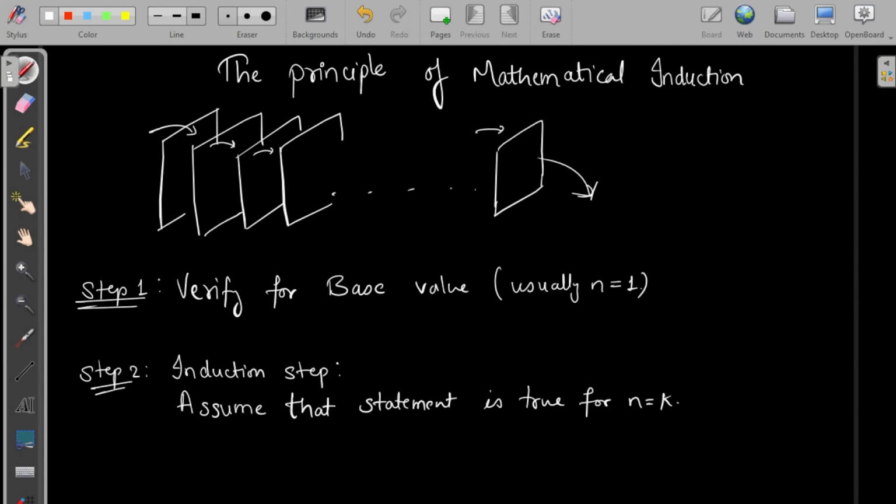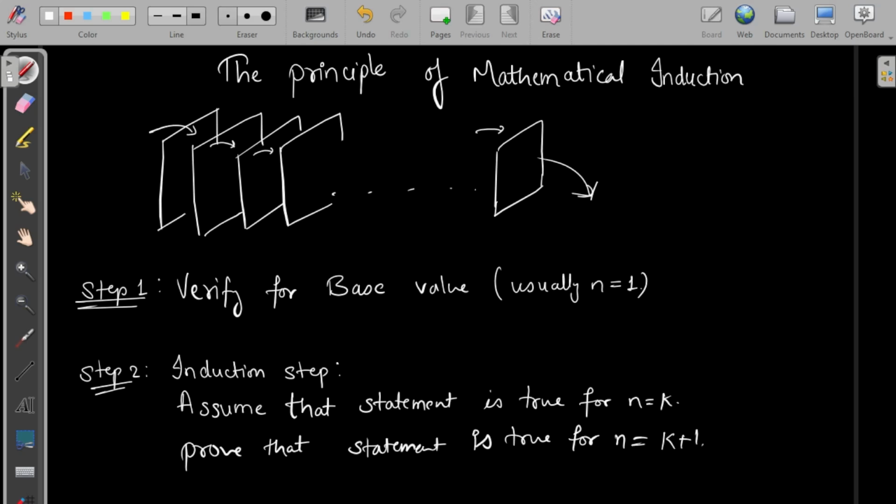And then how do we induce this hypothesis? By proving that the statement is true for n equal to k plus 1. So what does it mean, my friends?